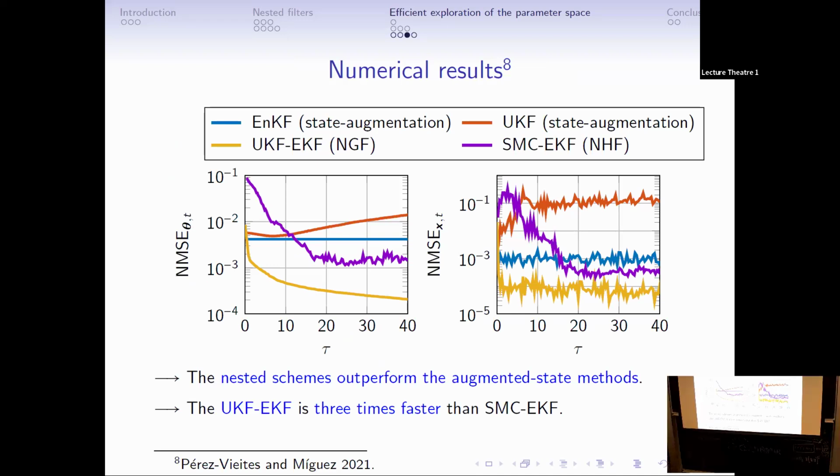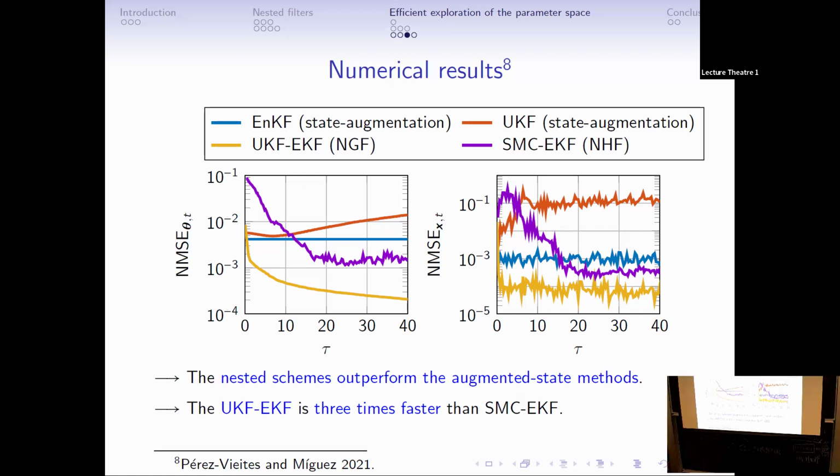Okay, I wanted to show this. It's from the paper of the nested Gaussian filters, where we compare a few methods for parameter estimation. In the plots, I show the normalized mean square error of theta over time, and also the normalized mean square error of the state over time.